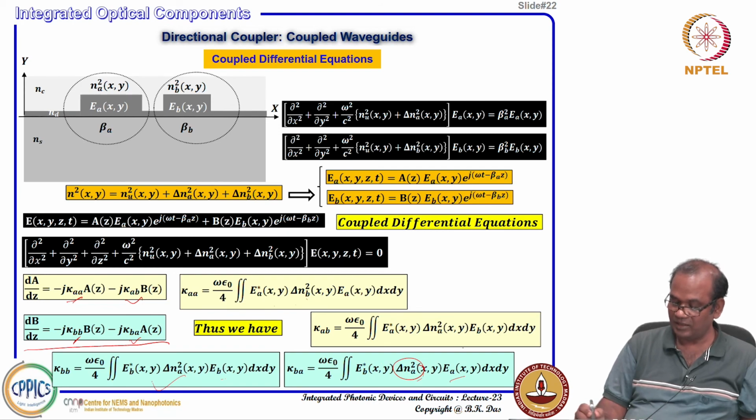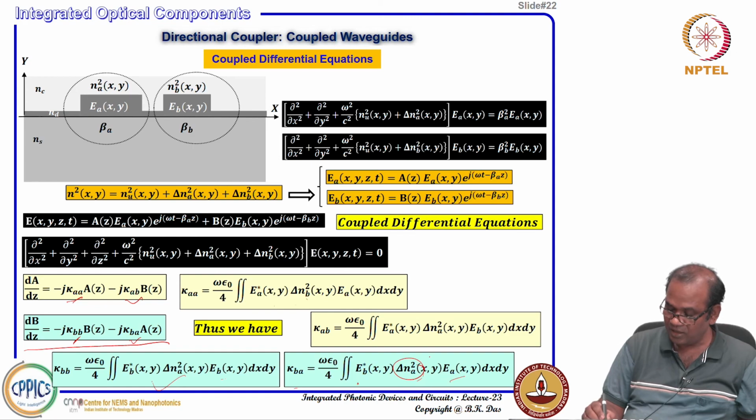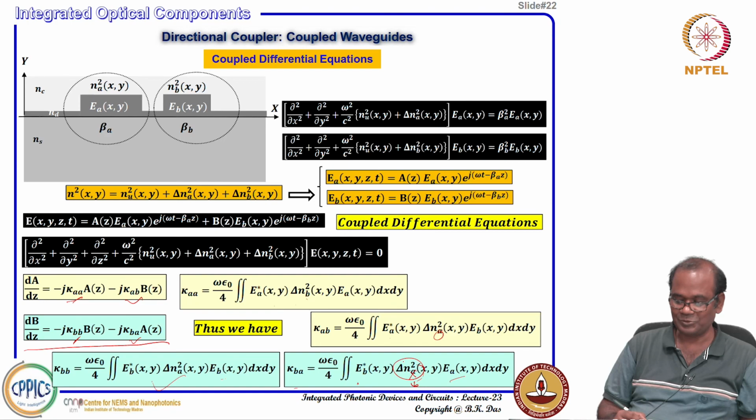That is actually kappa AB, and this is actually kappa BA, with B star, A star. So, the symbols A and B will be interchanged. One mistake is here: A will become B and B will become A. That was an intentional mistake, so that I can discuss one thing here. So, this would be delta NB square.